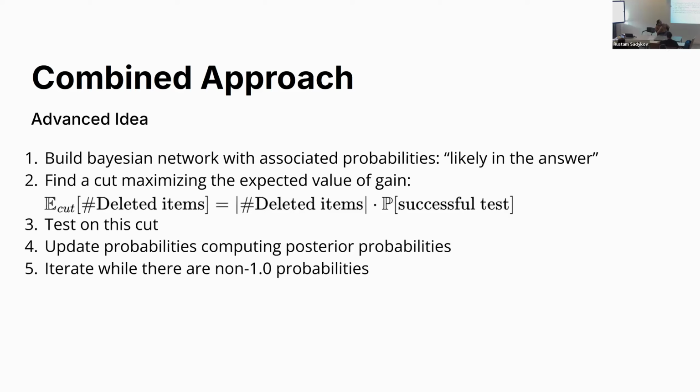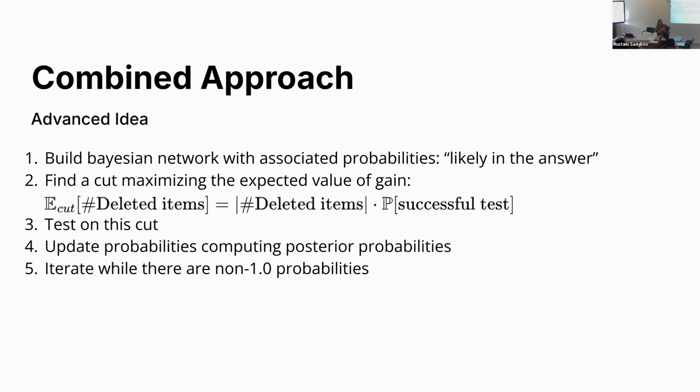So when we have found a cut that maximizes this expected value, we just test on this cut. And if the test is not successful, we can try to update probabilities respecting the results of the test.